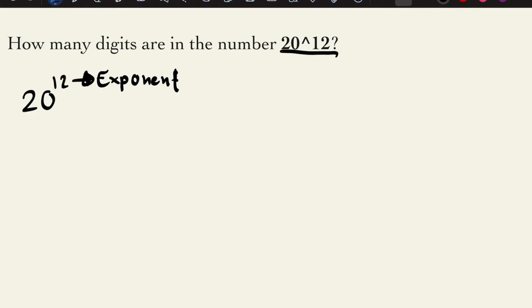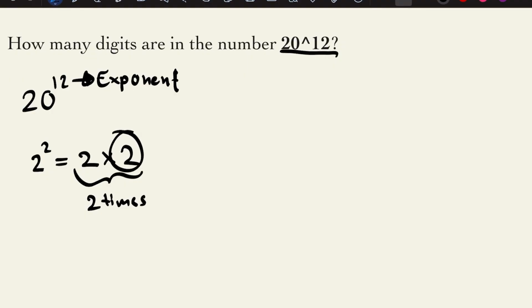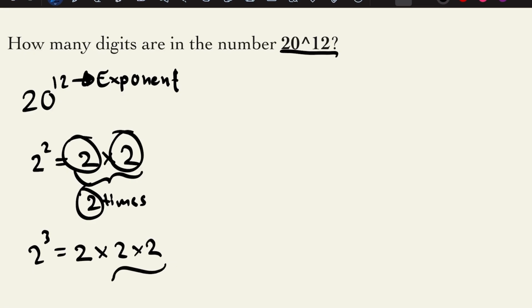So if I were to explain what exponents are, that would be if we have a number like 2 raised to the power of 2, this means that I multiply 2 by itself 2 times. So 2 would show up in the expansion of this basically 2 times. If I had 2 to the power of 3, it would be 2 times 2 times 2, so this happens 3 times.